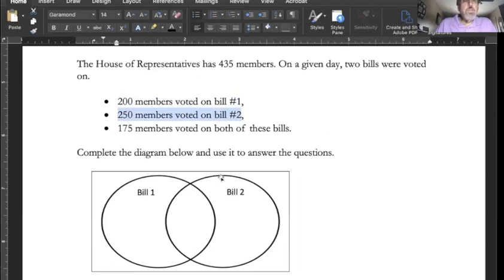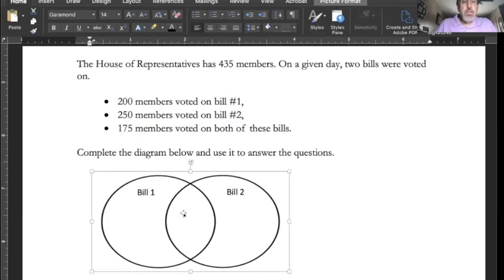Now I want you to notice, folks, that 200 plus 250 is 450, which is more than the number of people in the House of Representatives. But that's not a mistake, because some of the people, 175 of them, voted on both of the bills. That means they voted on bill 1 and bill 2. Those people would be in this region right here.